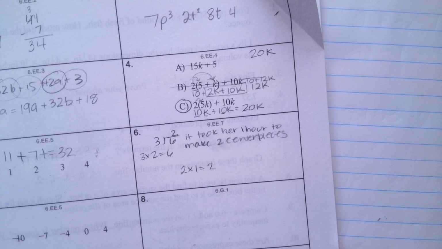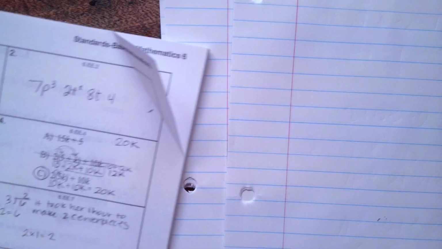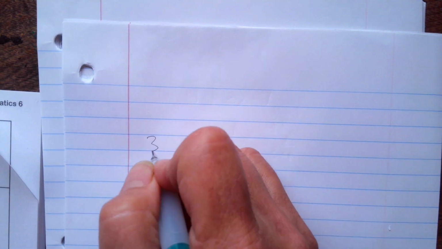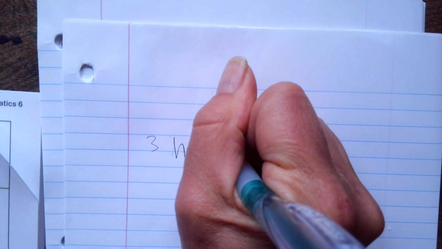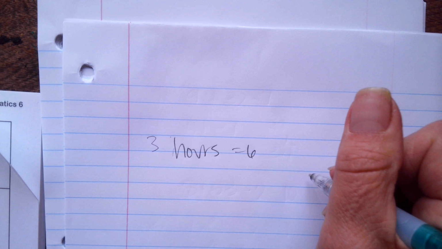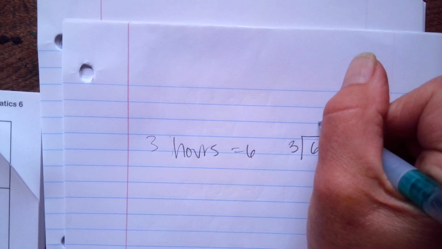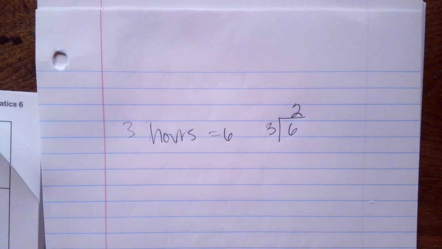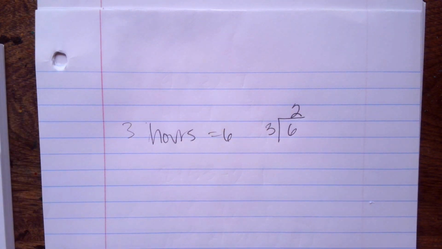So it says write and solve a multiplication equation to find out how long it took Avery to make one centerpiece. So if it took her 3 hours to make 6 centerpieces, you were right, you would do 6 goes into 3 how many times? 2. And they want to know how long it took.